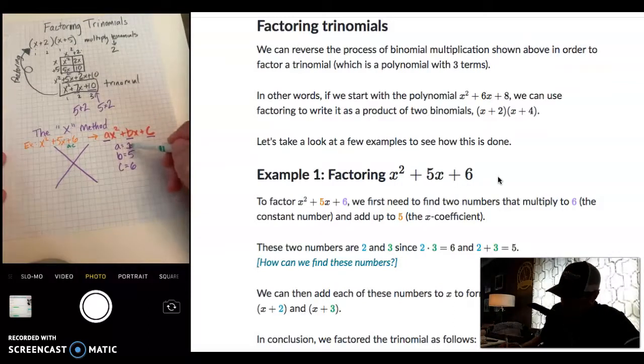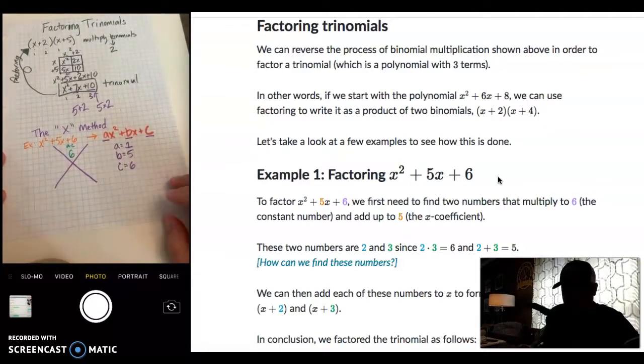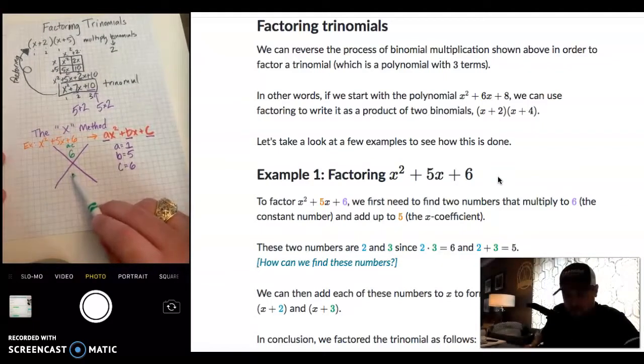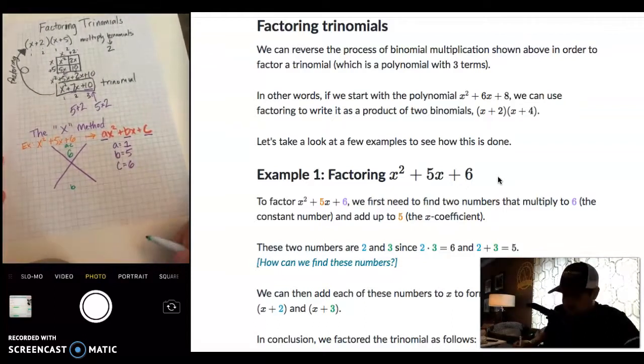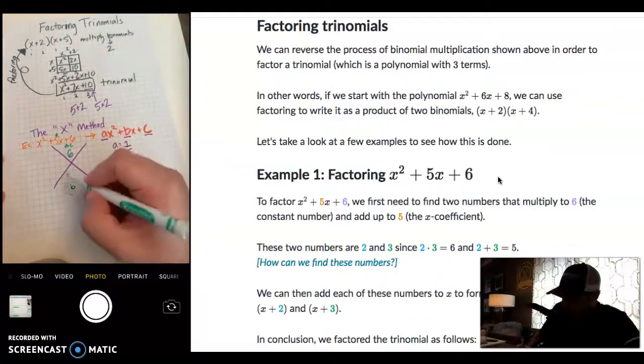So this is going to be 1 times 6, which is 6. Okay. Now the bottom piece right here, this is where we're just going to put B, which in this problem is 5.